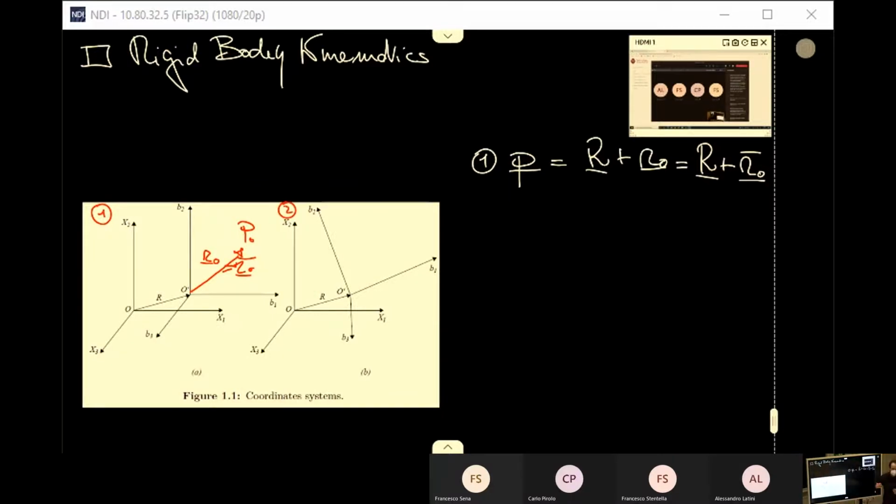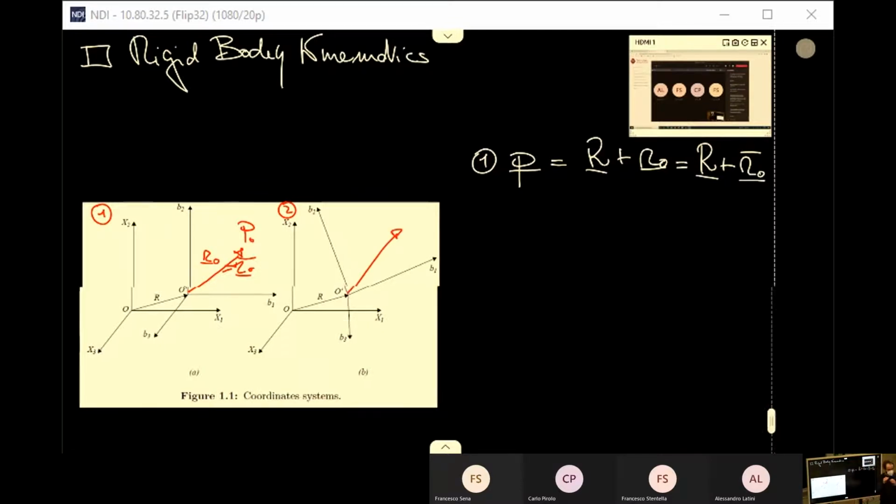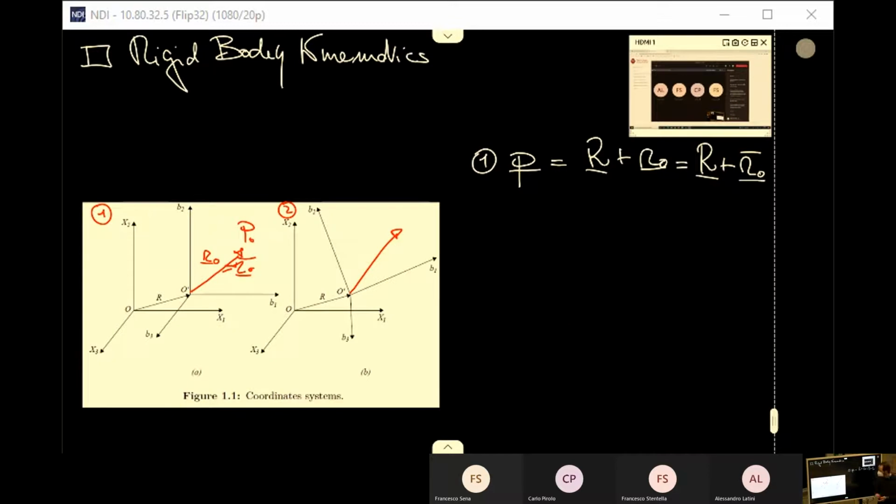Case 2, you have a more general motion composed of a translation and a rotation. So now, if I again refer to the same portion of the body, it will no longer occupy point P0 in the 3D space, but it will occupy another point which we can call P, capital P. Please do not confuse the name of points, which is typically done with capital letters, with small letters with an underbar, which we use as a way of denoting vectors.